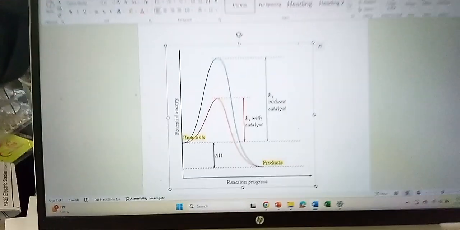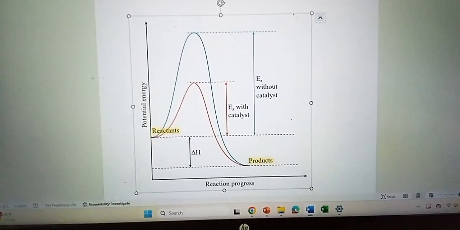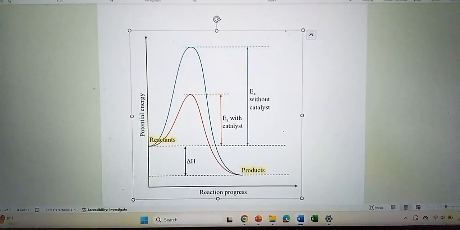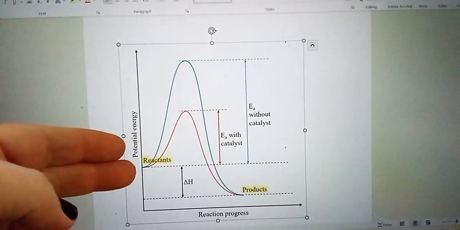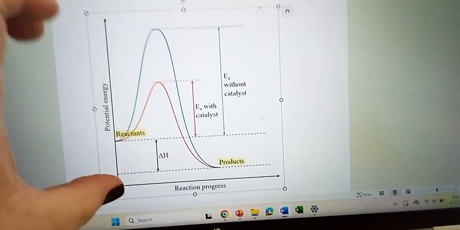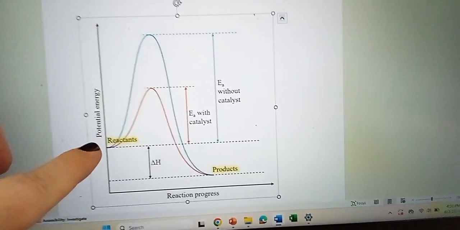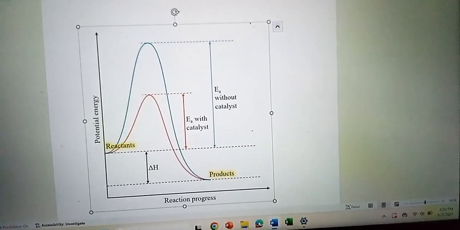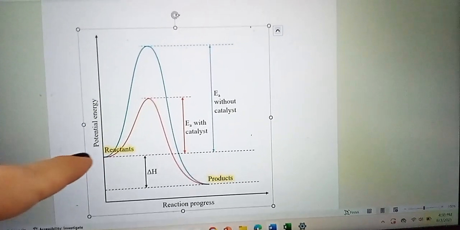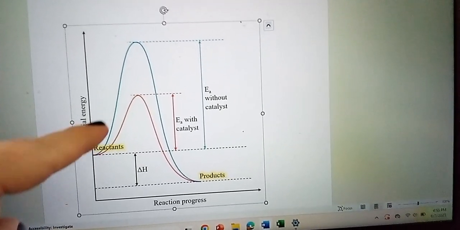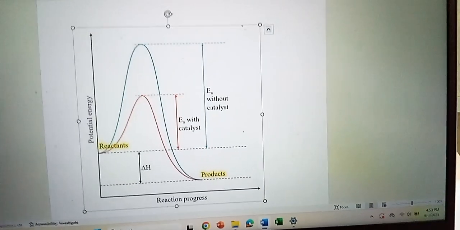If you were previously paying attention in class, or if you are new to chemistry, for a reaction to happen, this is an example of an exothermic reaction. You have the reactants, they have a certain energy, every chemical has a certain potential energy.